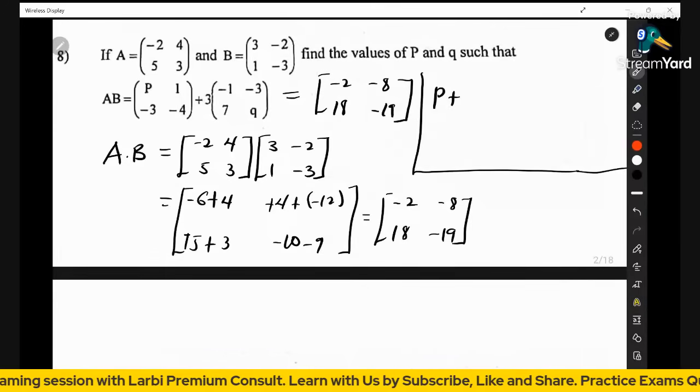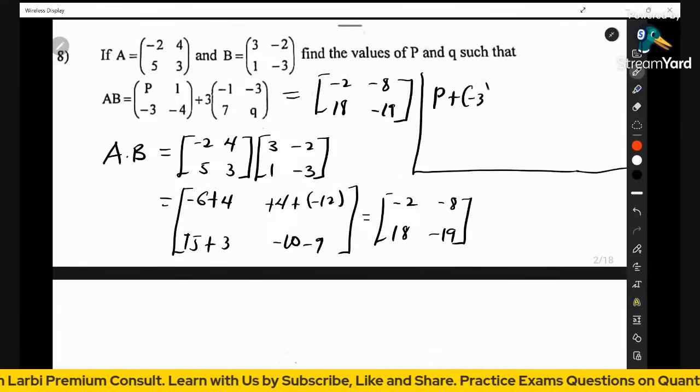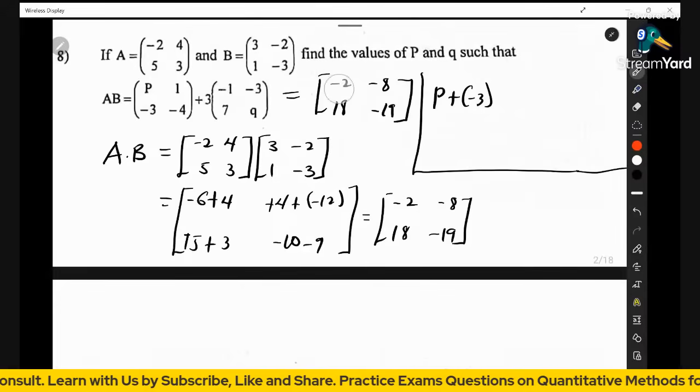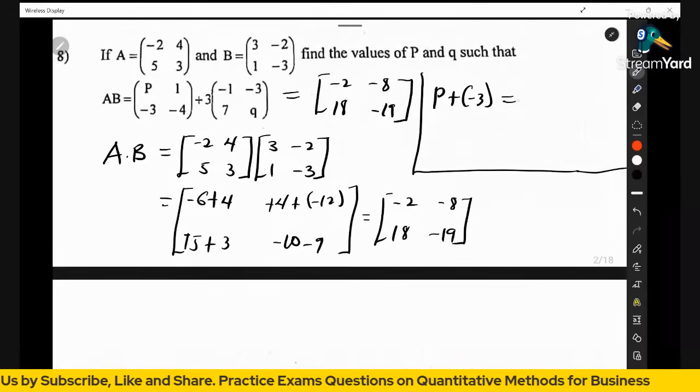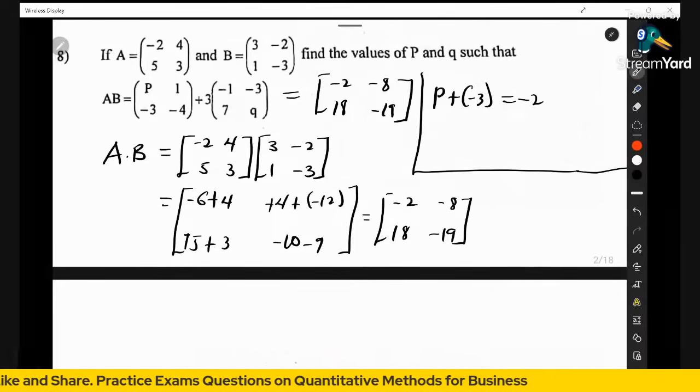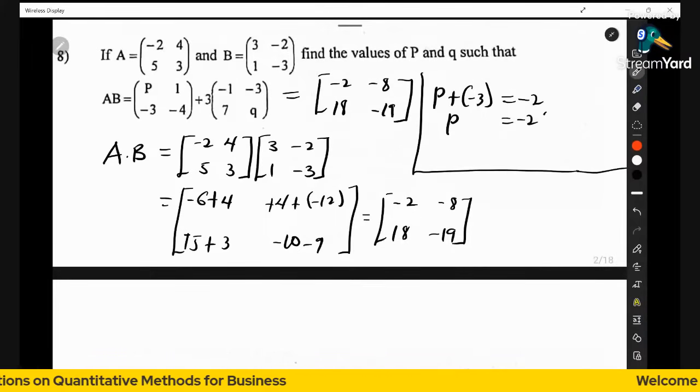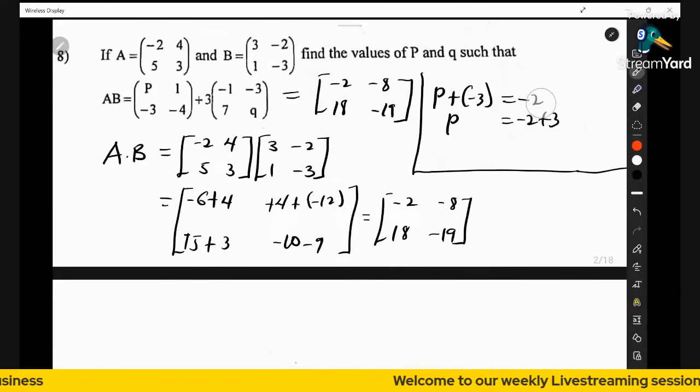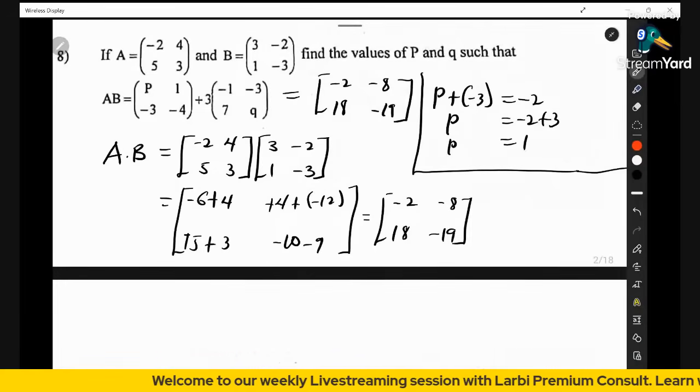So P plus -3 should be equal to -2. So once you are getting that, P should be equal to -2 plus 3, because here is -3, so when you join the 2, we count plus. Therefore, P should be equal to 1.